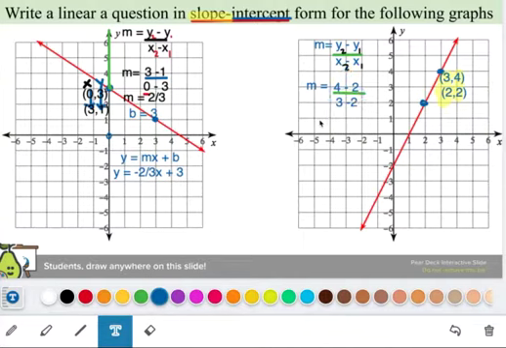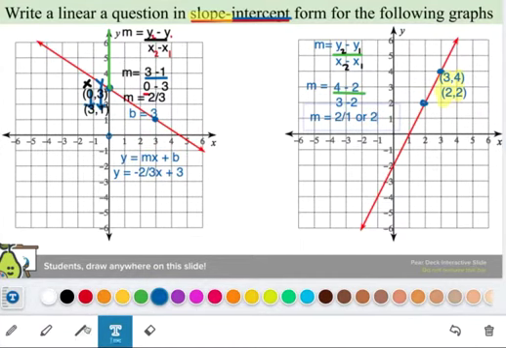So my slope m is equal, 4 minus 2 is 2, over 3 minus 2 is 1. So 2 over 1, or just 2. 2 divided by 1 is just 2. Okay, the y-intercept.